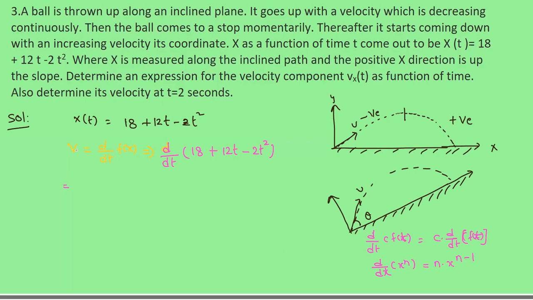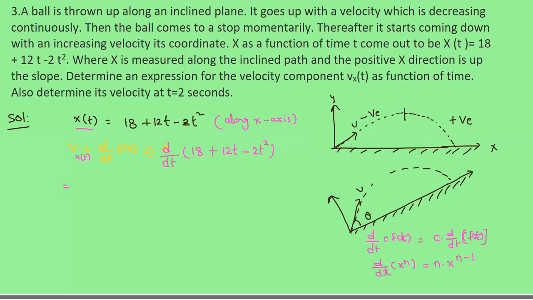If you find the rate of change of displacement, you get velocity along the x direction, because this equation represents the change of displacement along the x-axis. That is why the velocity we get is also along x with respect to time.